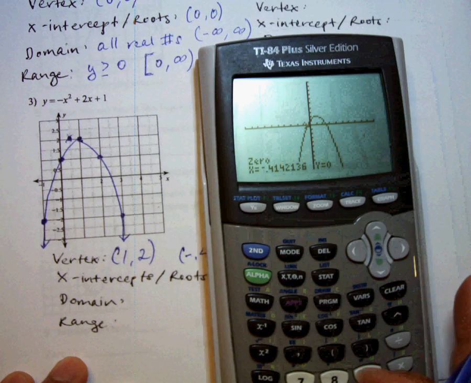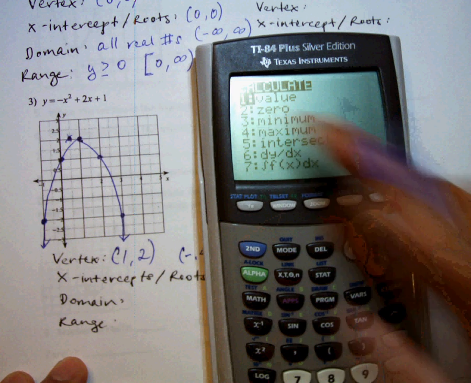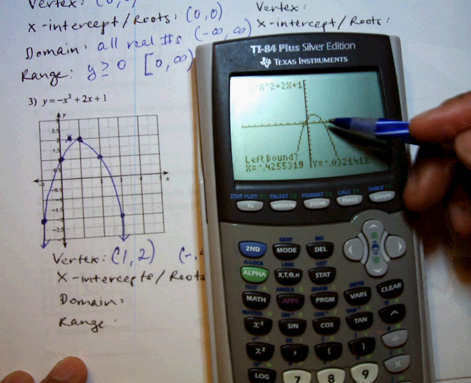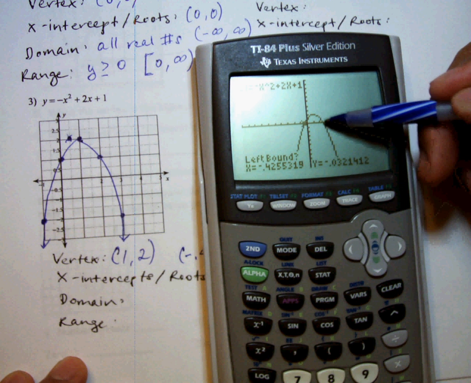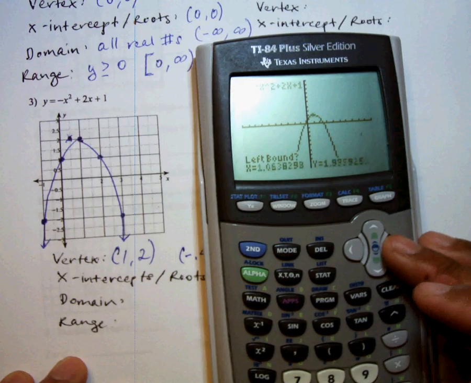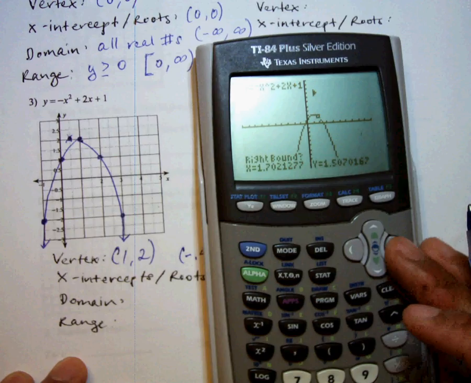Okay. And then to get the other one, you do the same thing, but you're going to do the opposite. Second trace, 2 for 0. And then for this point here, my left bound is going to be anything that's above it. And I'm going to put my cursor anywhere above it and press enter.